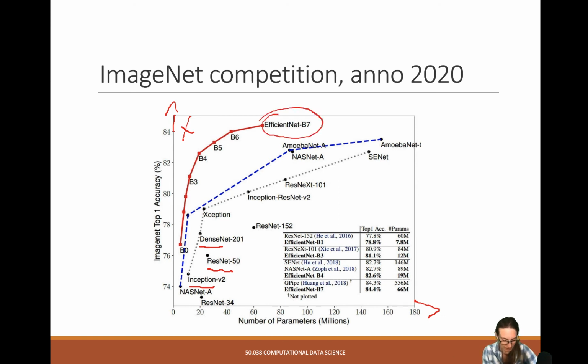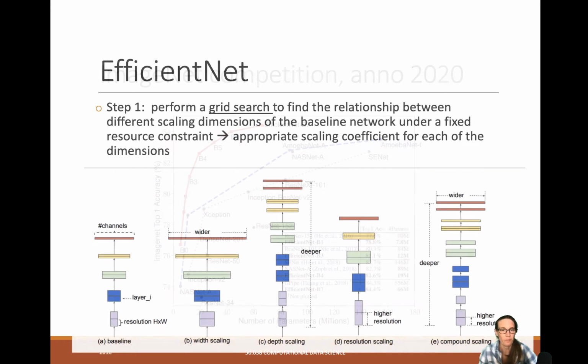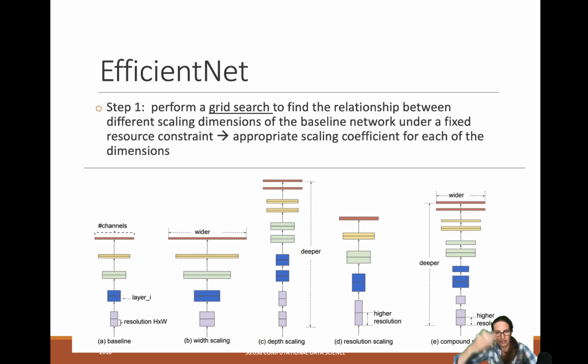So let's have a little look at EfficientNet, and its different versions. EfficientNet really is based on the principle that we can do different scaling methods within a network. So we can have width scaling, where we change the number of nodes. We can have depth scaling or resolution scaling. And what EfficientNet does is compound scaling.